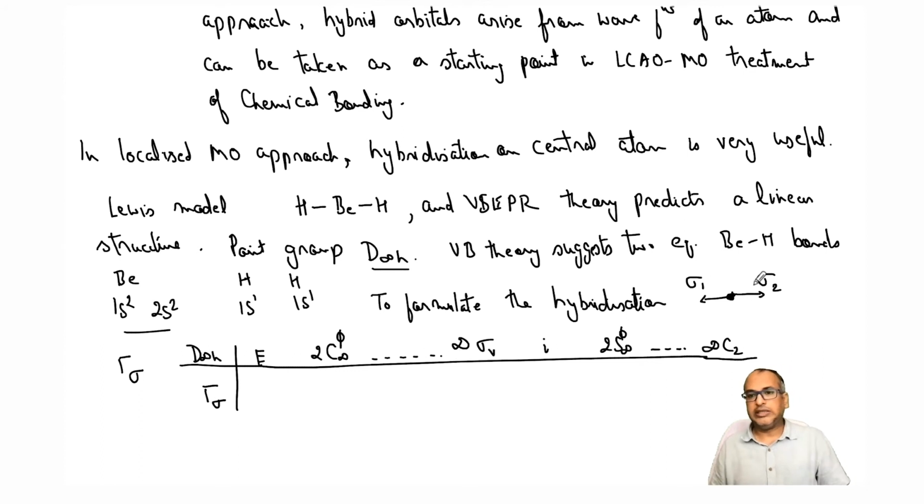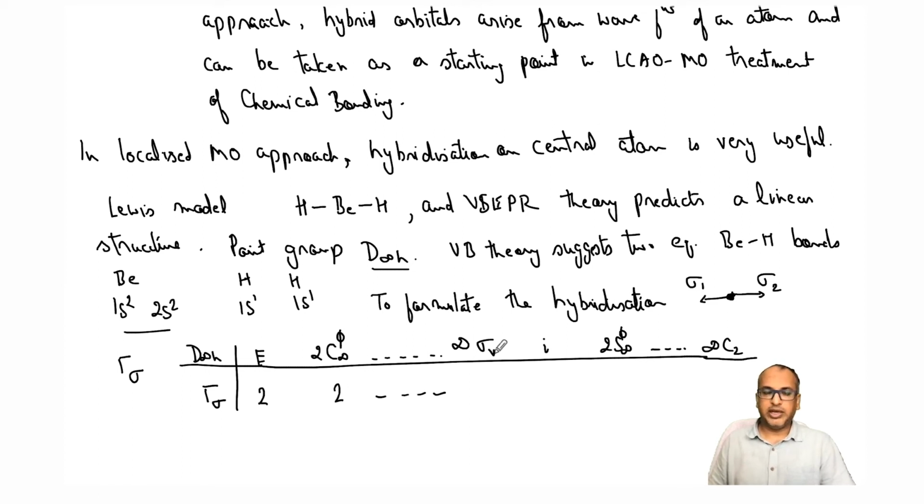Because these are two sigmas as the basis function, for this gamma, E will be a 2 by 2 matrix. So we will write the trace as 2, right? C infinity will be passing through these two bonds, so none of these will change. Both of them will contribute to the trace.